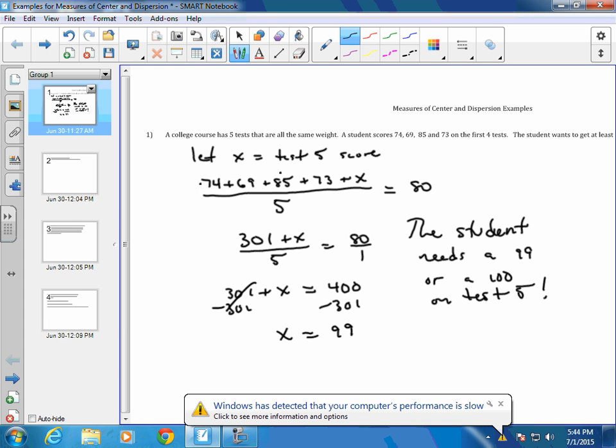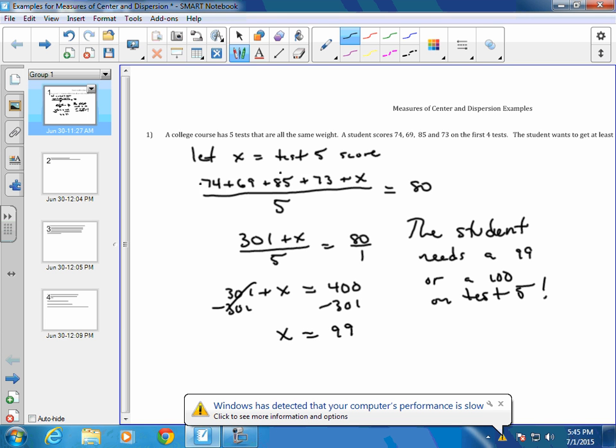There are a lot of different problems like this where sometimes they say, well, the average of the first 20 students was 80. Then when the 21st student gets thrown in, the average drops down to 78. What did that student score? You can kind of do it the same way. For example, had they said the average of the first 4 tests was 70 here, instead of adding up the 4 individual test scores, I could have just said 4 times whatever the average was, say 70, and then plus x, that last score, and then divided that by 5.